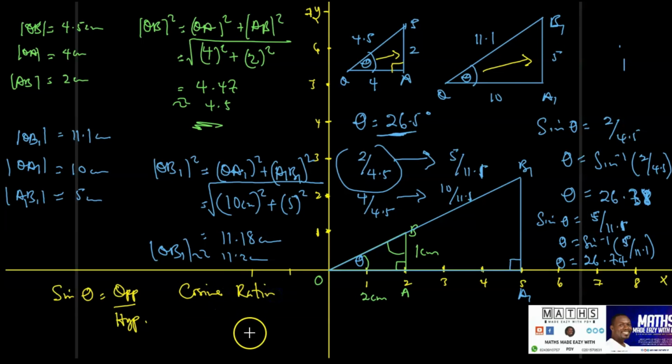This time around, we've already used the 2 and the 4.5, the 5 and the 11.1. Let's use the 10 and 11.1 and then the 4 and the 4.5. Let's see whether they have a connection. Let me copy that to a different page.